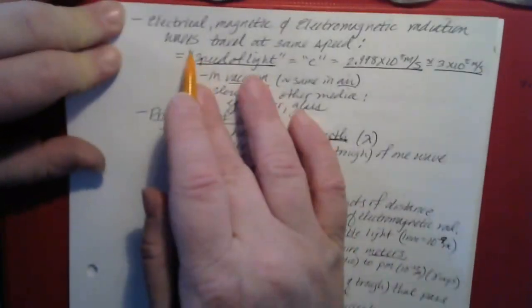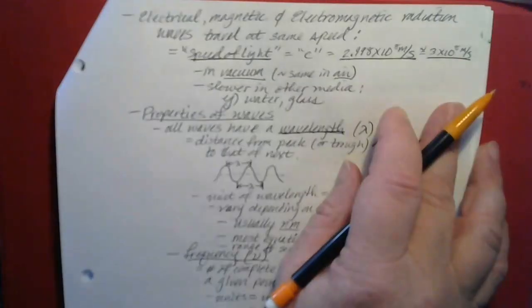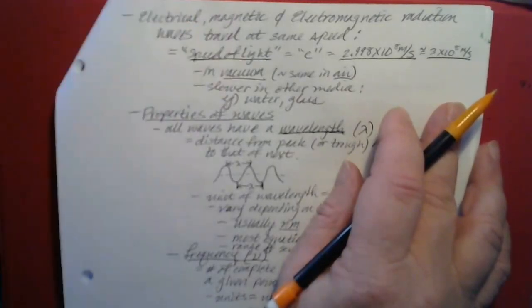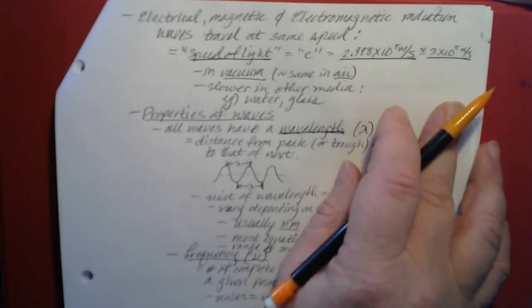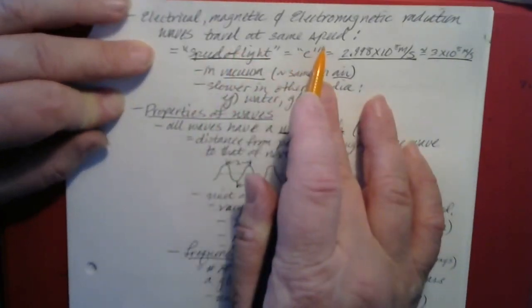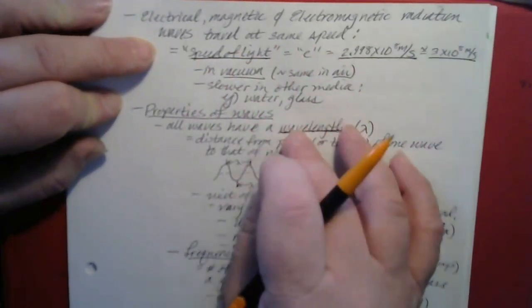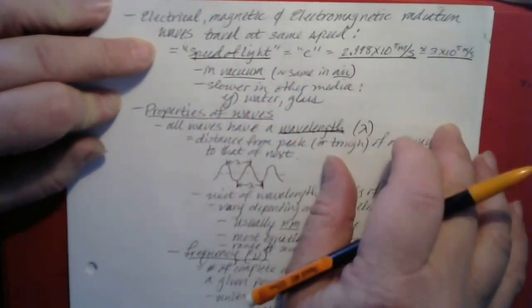Okay, moving on. Sound has a certain speed that it travels through air. Water waves can travel at a variety of different speeds, depending on how much energy is involved. As it turns out, all electromagnetic radiation travels at the same speed, no matter what type you're talking about, whether it's radio waves, visible light, or X-rays.